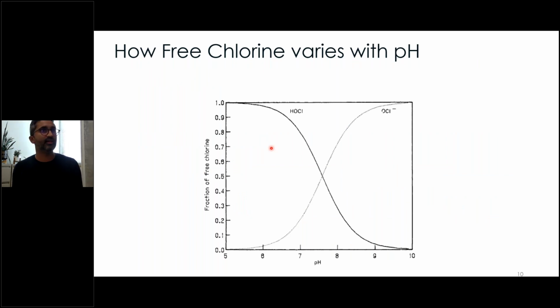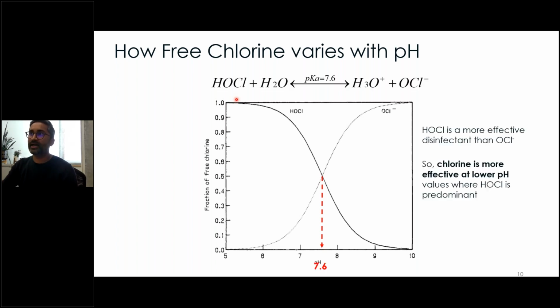You might have seen another webinar or taken some classes related to disinfection and seen a table that looks like this. In the case of chlorine, one thing to note is that the species of chlorine that you have is going to vary depending on the pH that you're operating at. If you're familiar with the chemistry of chlorine, you may be familiar with hypochlorous acid, HOCl, and its counterpart, the hypochlorite ion, OCl minus.